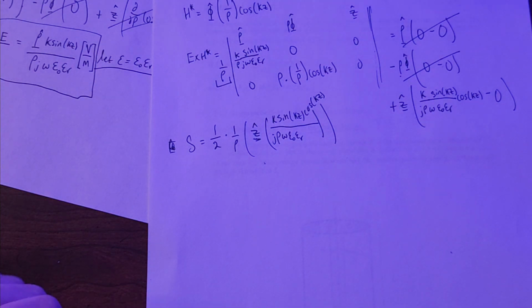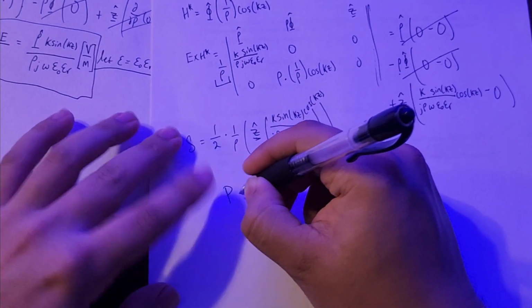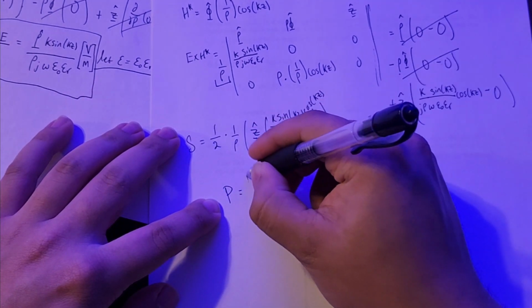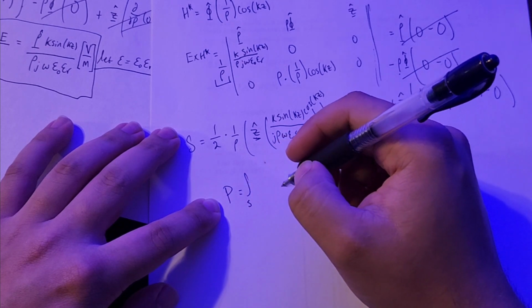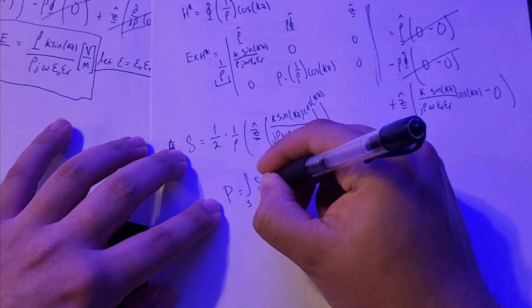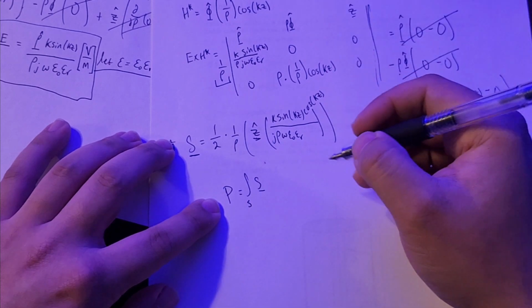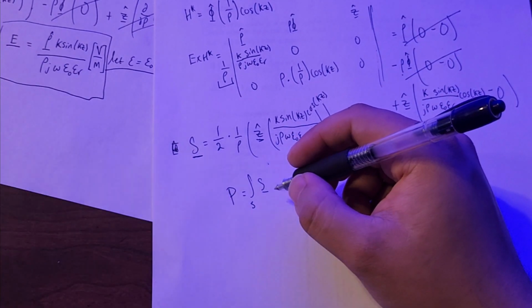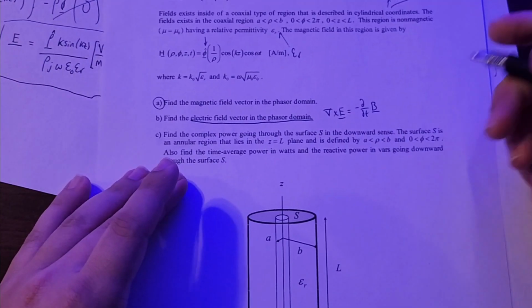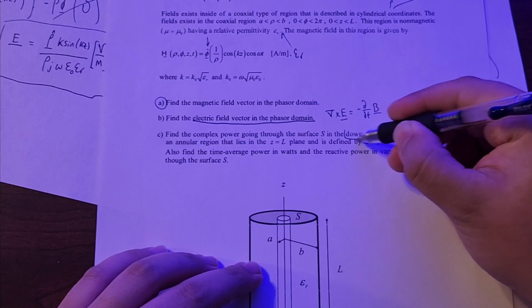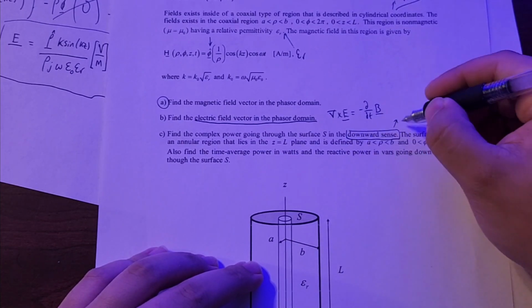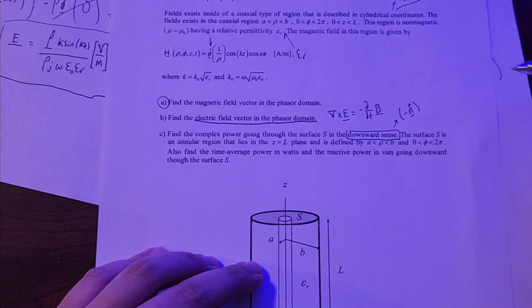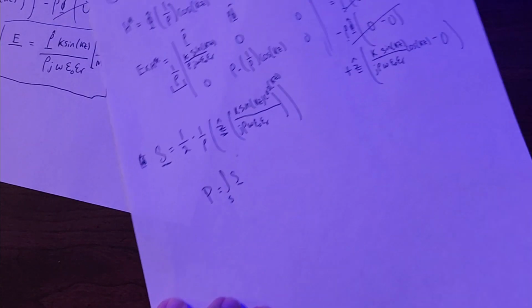Well, we have to take the surface integral, so complex power denoted by P is equal to the surface integral of our Poynting vector. Make sure to put this there. Times the normal vector. But remember in the very beginning, it says the normal vector is downward sensed. So this means we have a negative normal vector. Because upward is our sense of positive.